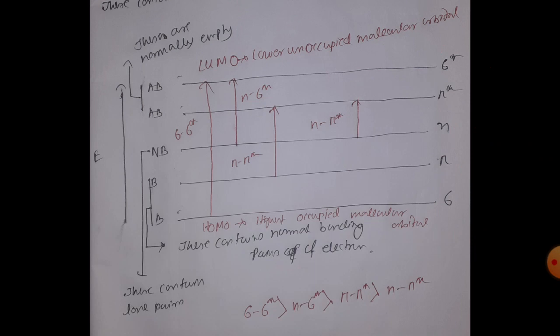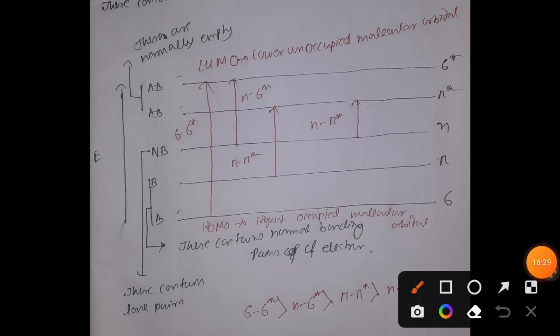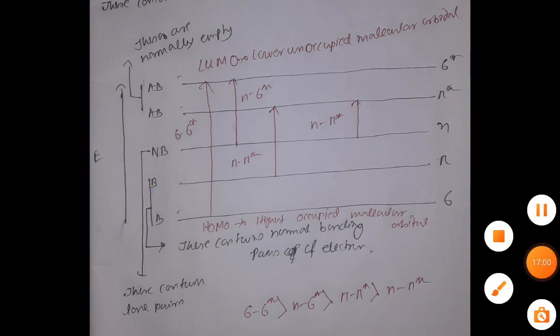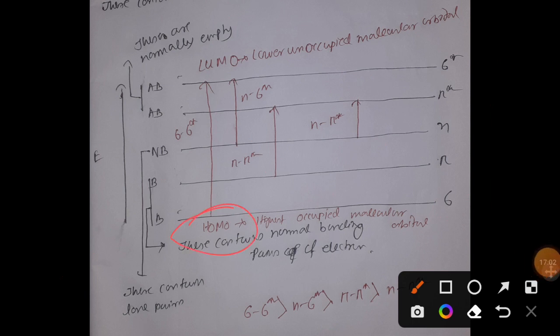So remember, there can be four types of transition depending on the energy of the electromagnetic radiation. If the energy is too high, it will cause a transition of sigma directly to the top level, that is sigma star. That is when the energy is highest. That means a sigma to sigma star transition. This transition is also known as a transition from HOMO to LUMO.